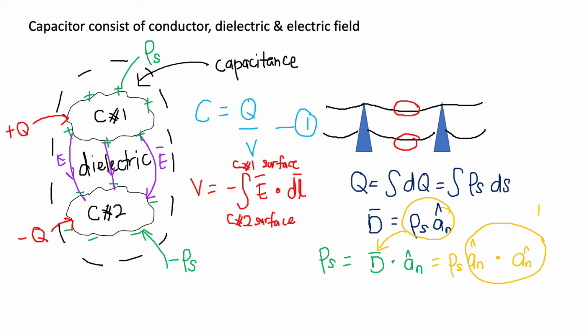So I will get only rho S. That's why we can use this equation, rho S equal to D dot a_N.